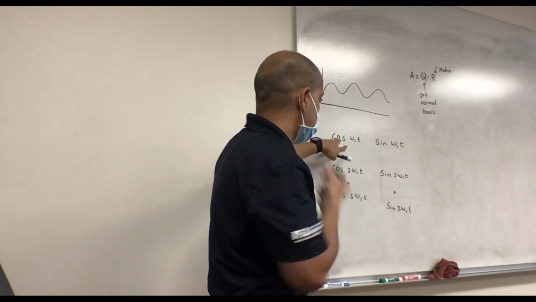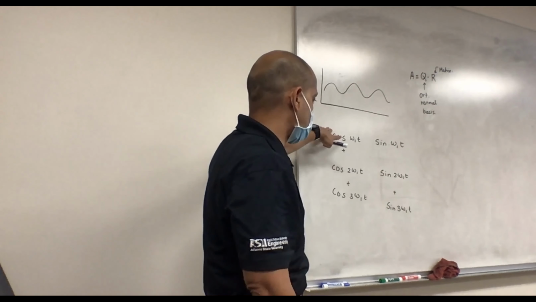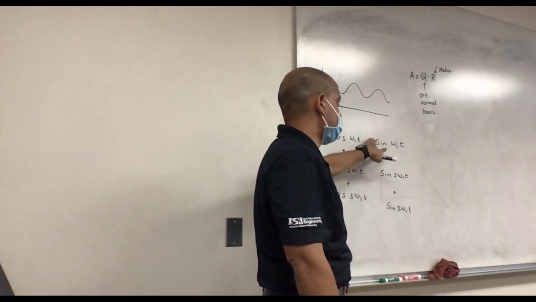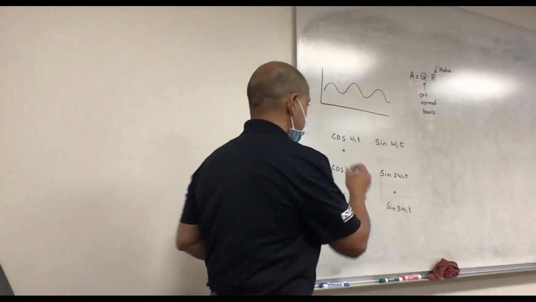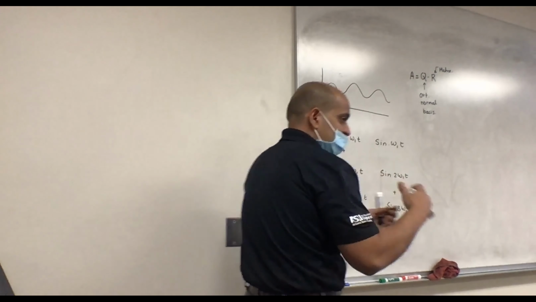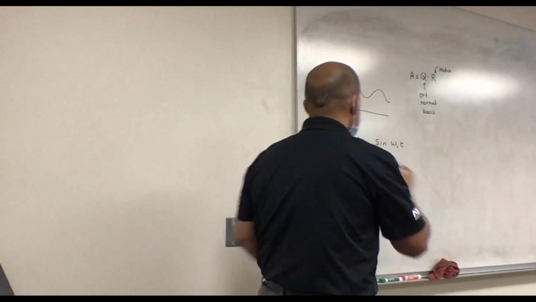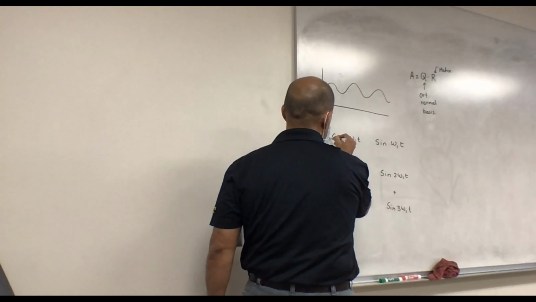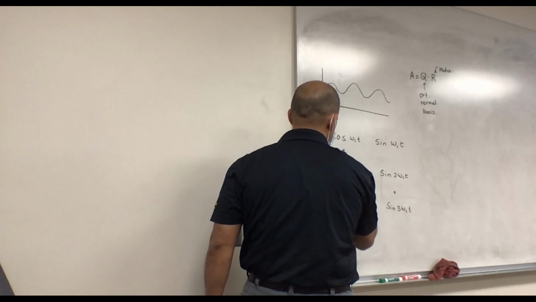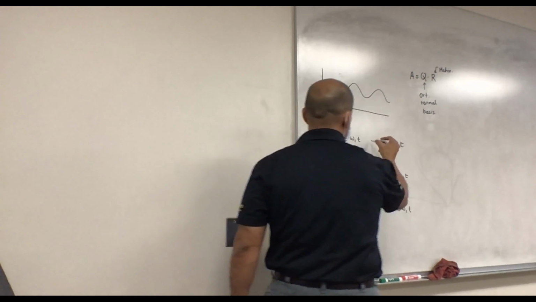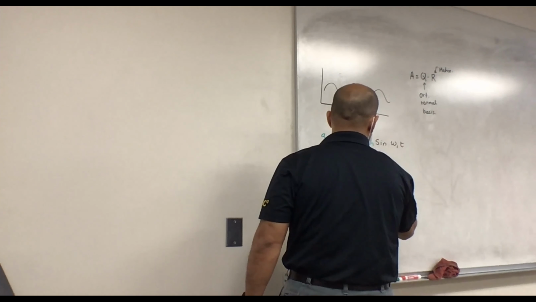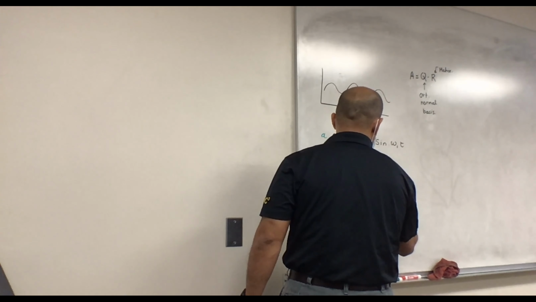So in other words, you have a cosine basis and a sine basis, and you are trying to find the weights or coefficients multiplying them: A1, A2, A3, and B1, B2, B3.